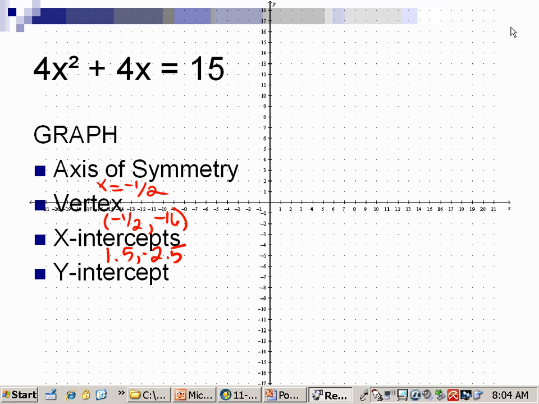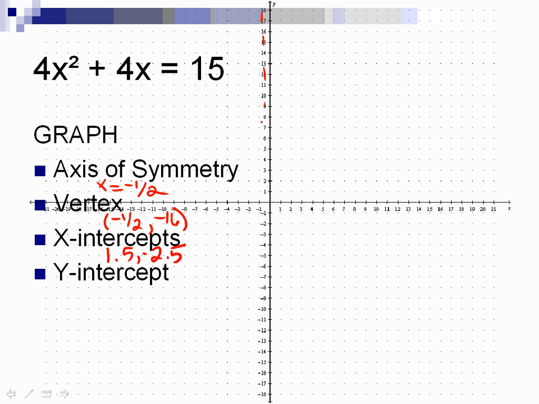Okay, so I've written down all the things you have to graph. So turn your paper over, and we're going to go to the graph side. The axis of symmetry is negative 1/2. So I'm going to go to negative 1/2, which is really close to 0. Remember, it's a dotted line. The vertex is negative 1/2, negative 16. Put a dot. The x-intercepts are 1.5 and negative 2.5.